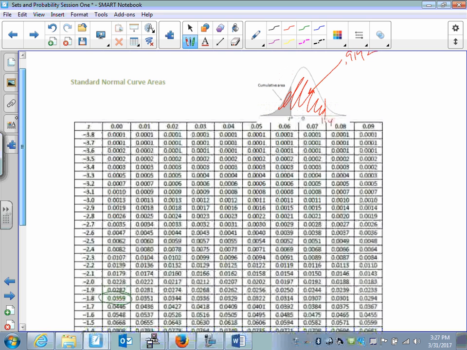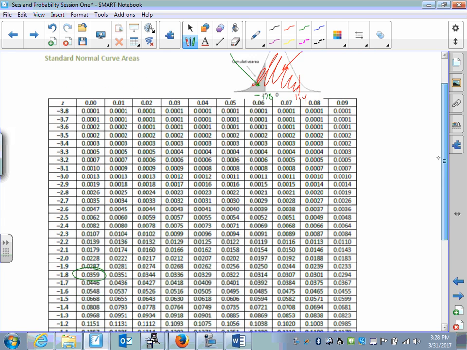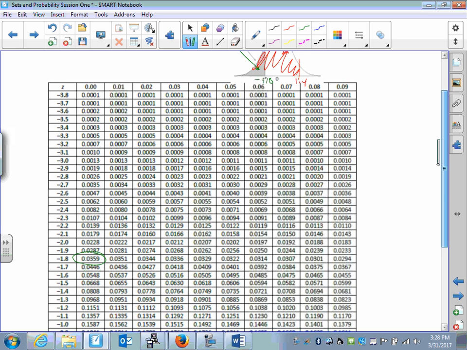So if we went up here and used this table, if this was negative 1.8, then the area in gray here would be 0.0359.